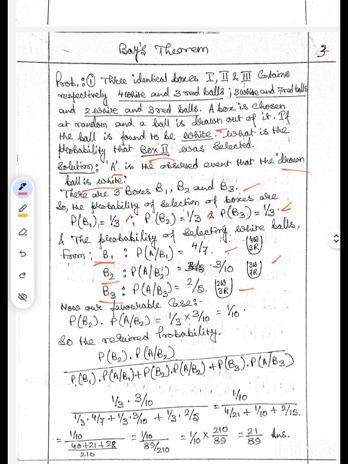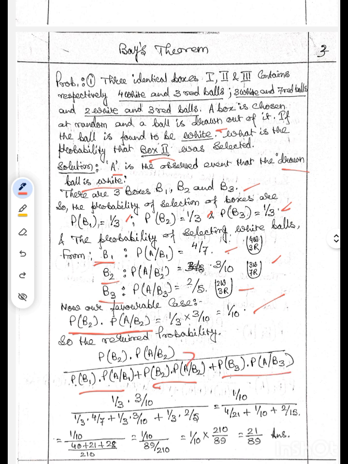Therefore our favorable case is that it is coming from the second box. But our probability of the favorable cases is the white ball from all three boxes. This is coming from B1, this is coming from B2, and this is coming from B3. And the favorable case is only B2.